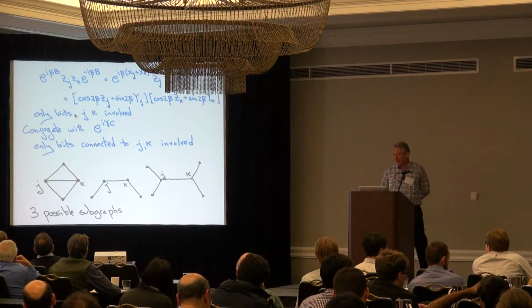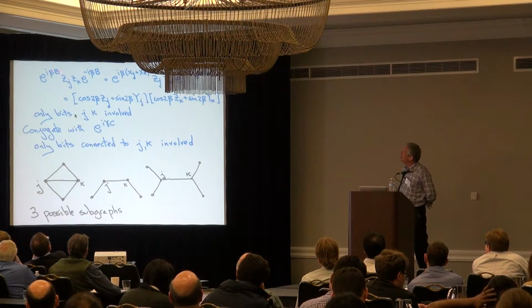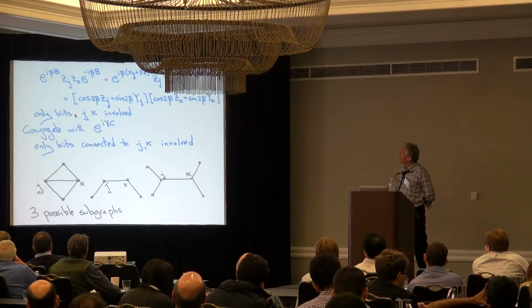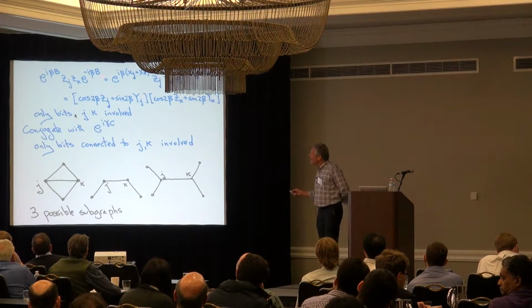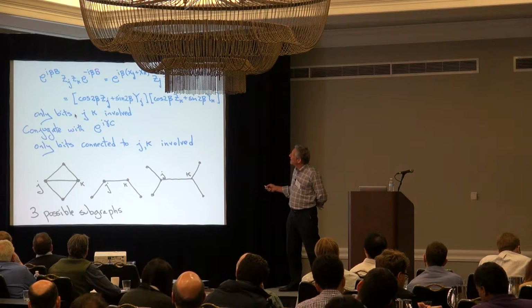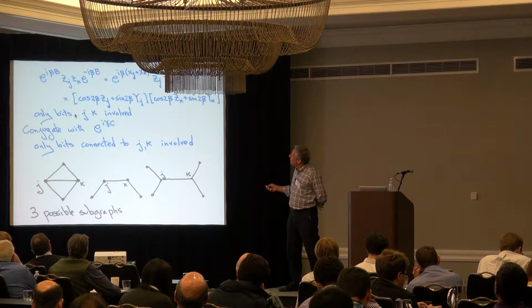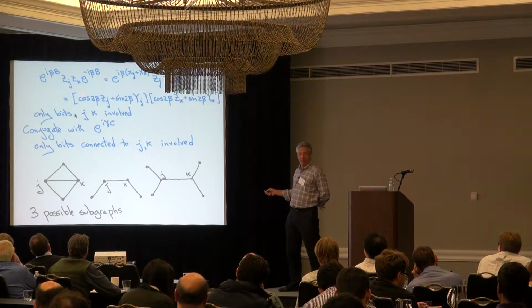So let's look, for example, at that central object, e to the i beta B, Z_j Z_k, e to the minus i beta B. B is the sum of all the sigma x's, but the B's which involve bits other than j and k commute through.